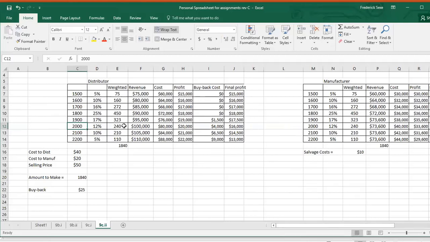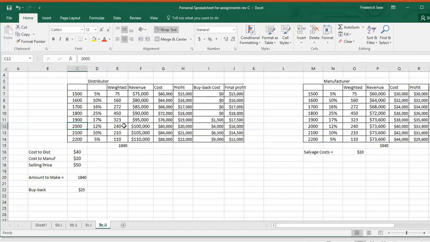So the manufacturer has all the risk. In this scenario, if the manufacturer only builds 1,700, the manufacturer has a good chance of selling everything that they do. They've basically taken a no-risk stance to the distributor's position.